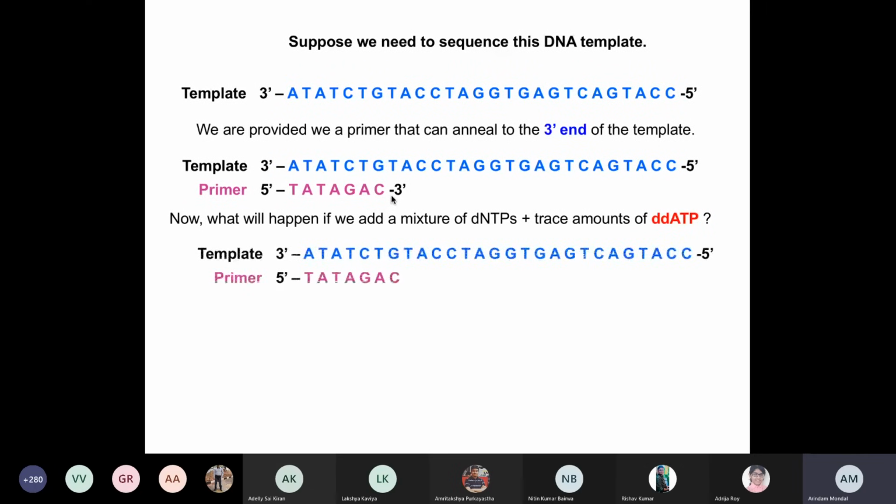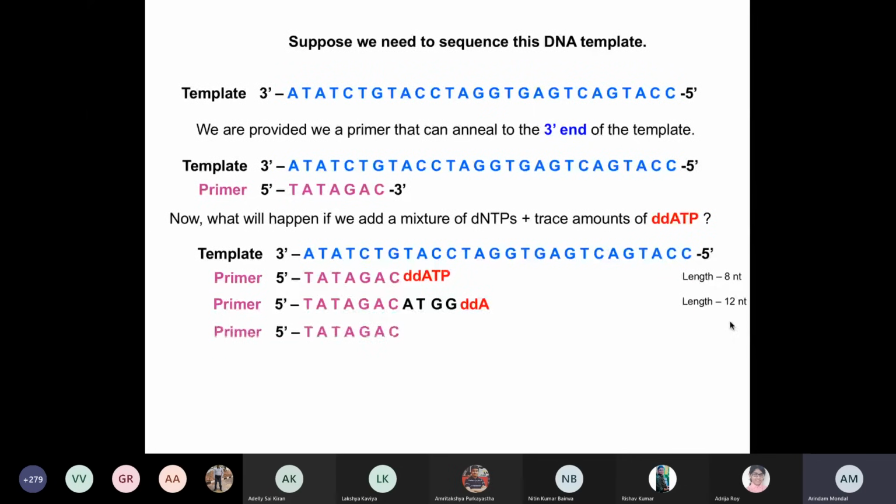Say, if there is an incorporation of ddATP at this position corresponding to this T, the chain will be terminated and you will get a DNA fragment of length 8 nucleotides. Subsequently, if there is an incorporation of ddATP at this particular T, you will get a fragment of length 12.